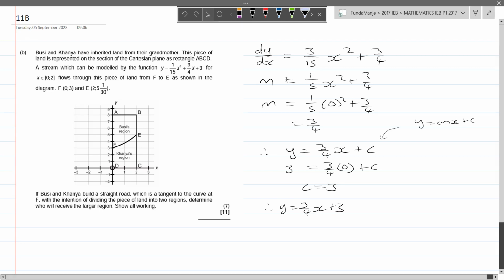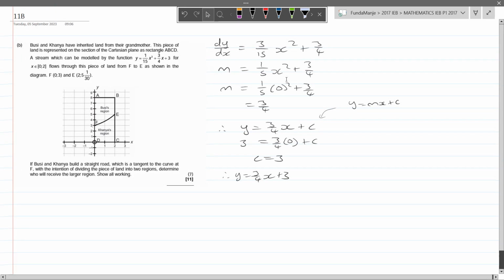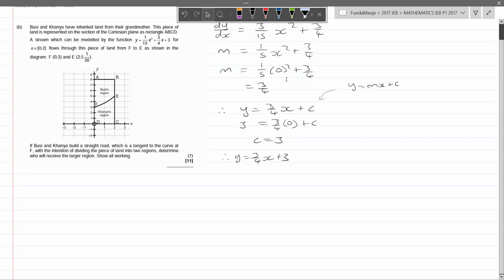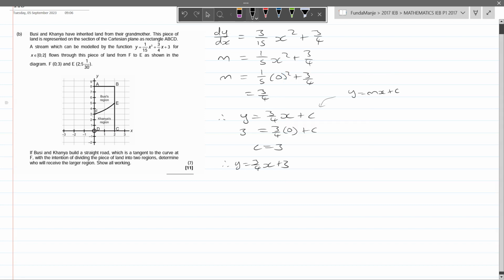Now that we've found this, we've done maybe half of the problem. Now we need to find the point where this line will meet on the other side. So what I mean is, on this other side here, where is it going to end? Let me not draw it too specific.